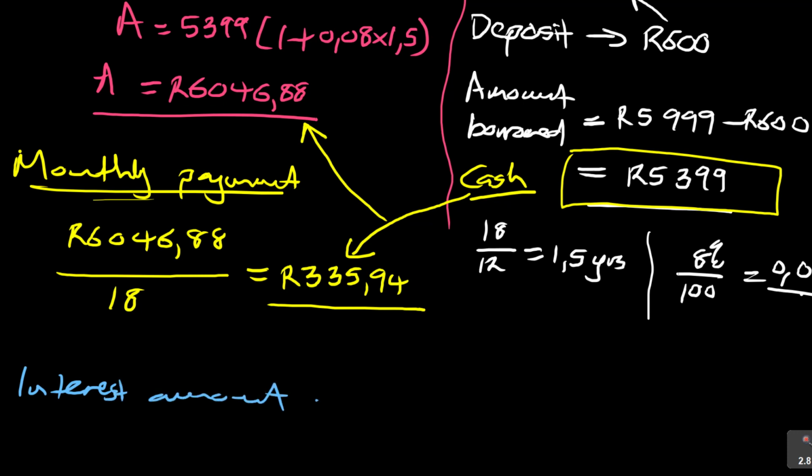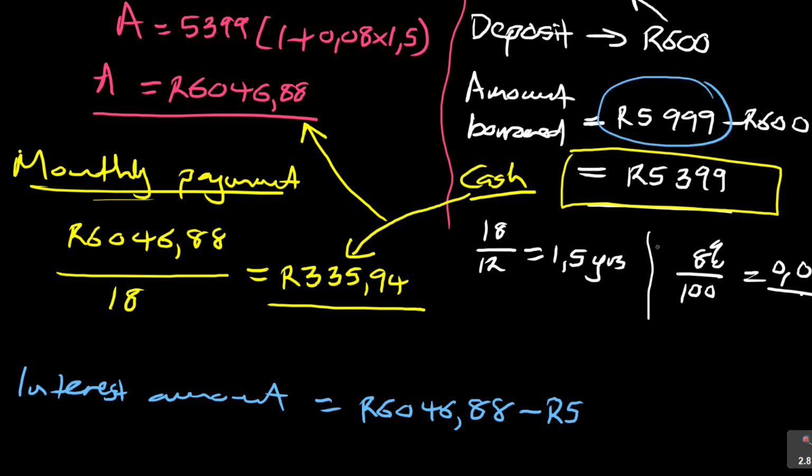is equal to, you take that 6,046 rand 88, you subtract the what? That 5,000. Please subtract the 5,000, not the 5,900. You didn't borrow this, you borrowed this. Be careful of that, okay? Minus 5,399.